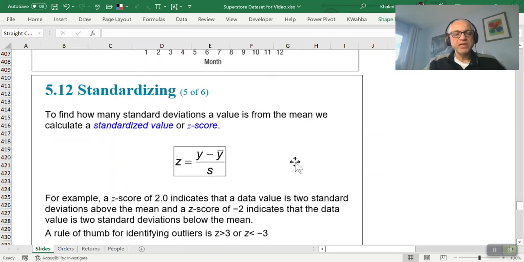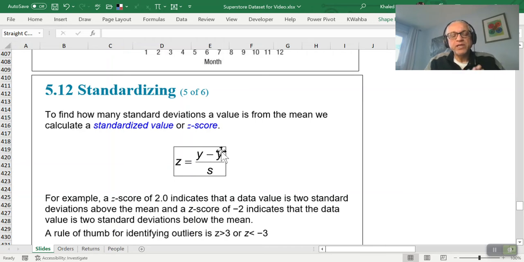Z-score is basically, if you want to compare data from different sectors, or from the same sector but in different seasons, or the same season but in different locations, and you know that the data could be different in terms of scale because of changing conditions in these locations.